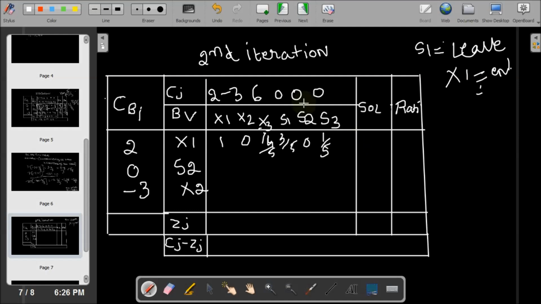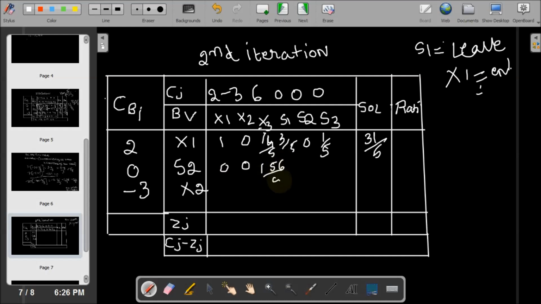The solution will be 31 by 5. Then for s2: 0, 0, 0, 0, 156 by 5. Calculate, guys, you'll get the values.